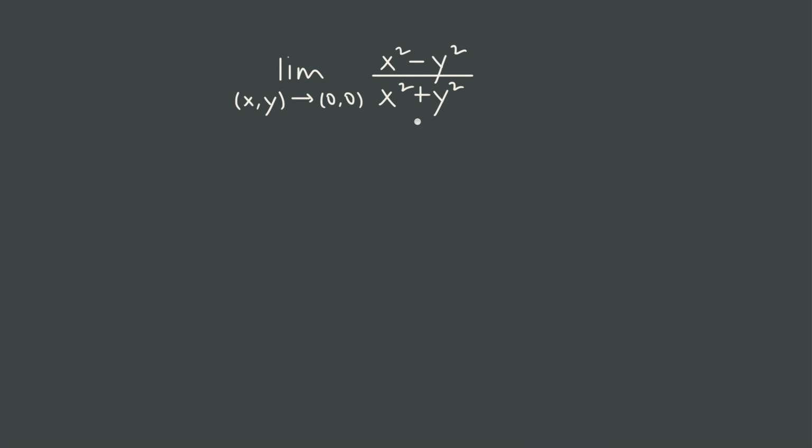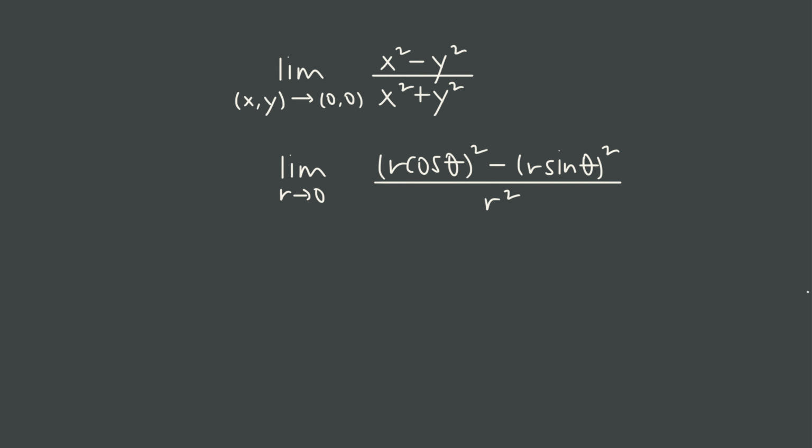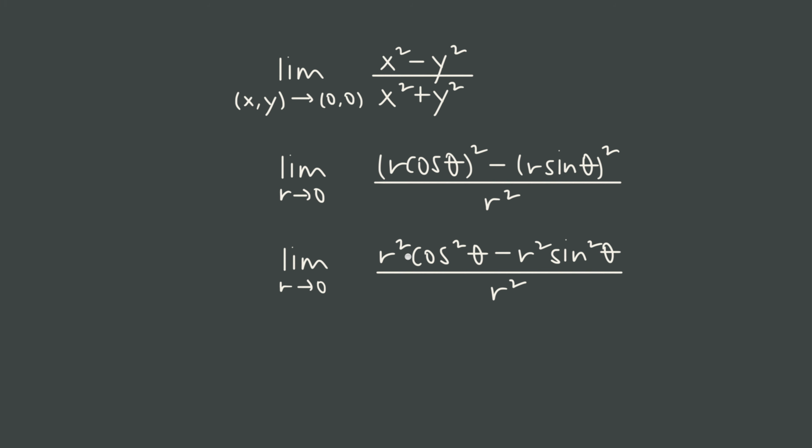What about that second case though, case 2 in polar coordinates? This is our old problem where we've already shown that the limit does not exist. When we convert this to polar, we end up with this function here, and the limit as r goes to 0. If we expand that numerator, we see that we end up with an r squared factor in each term. So if we cancel out that r squared value, the function simplifies to just the limit as r goes to 0 of cosine squared theta minus sine squared theta.